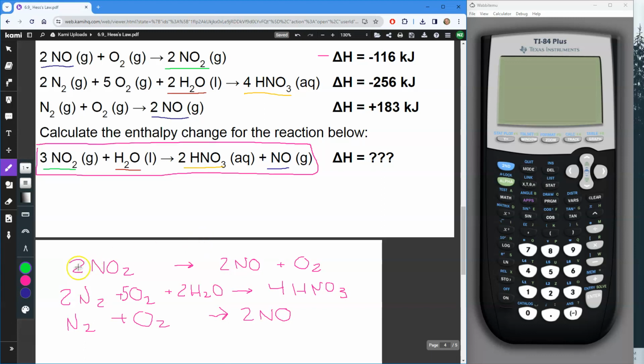Also, we have a 2 in front of our NO2, and we want that to go away because in the final reaction we have a 3. So what times 2 makes it a 3? Let's multiply the whole thing by 3 halves.